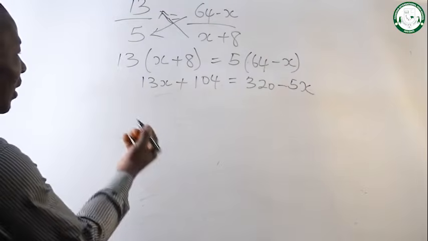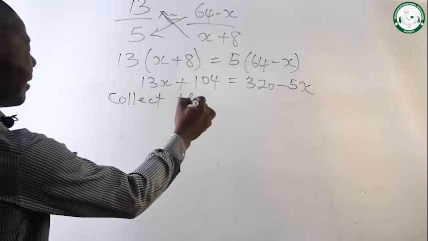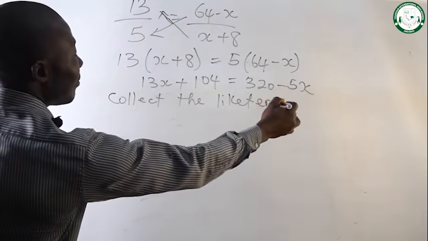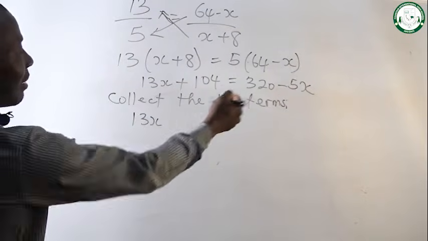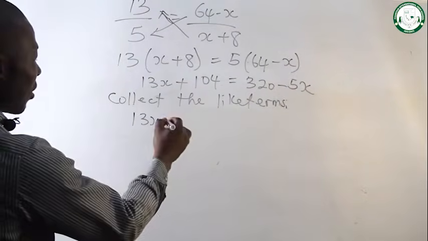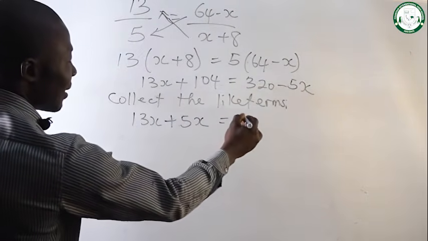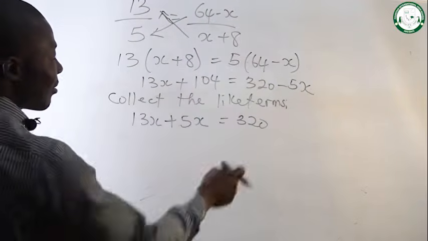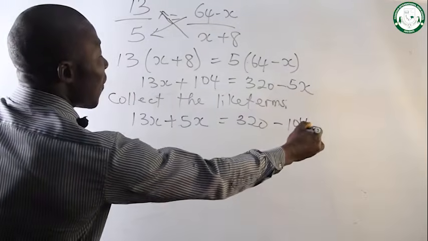Like what we've been doing in the past, let's collect the like terms. That is 13x plus 5x equals 320. This is 104 plus. By the time I cross over the equal sign, it becomes minus 104.